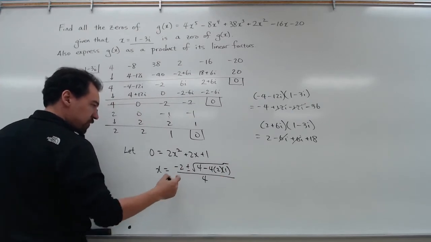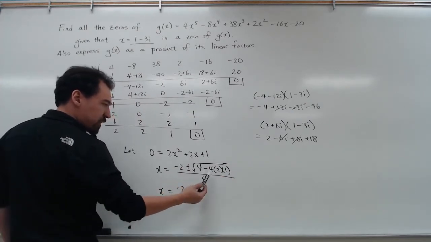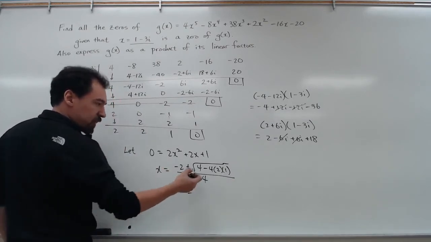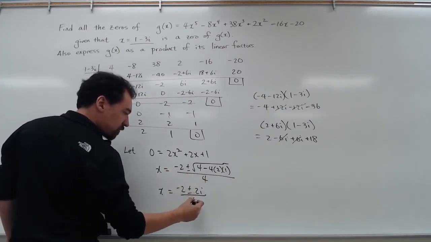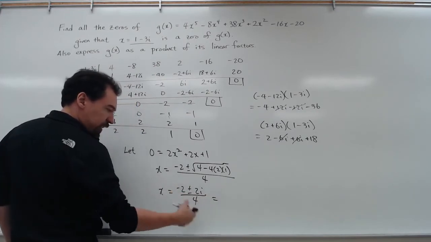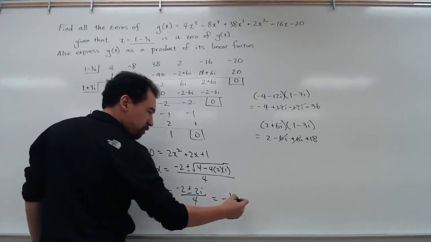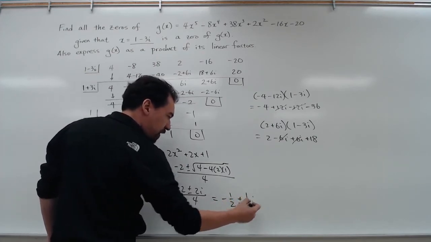So x is equal to negative 2 plus or minus the square root of, here we have 8. So 4 minus 8 is negative 4, so the square root of that is 2i all over 4, which is, divide each one, and I get negative 1/2 plus or minus 1/2 i.